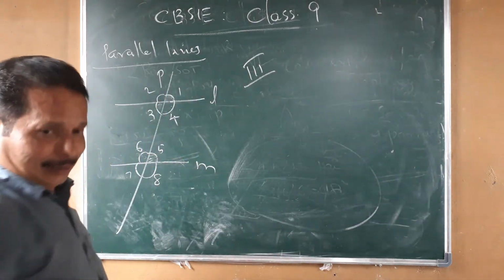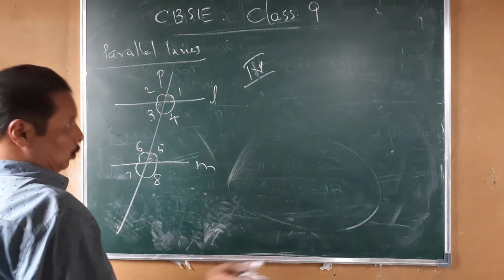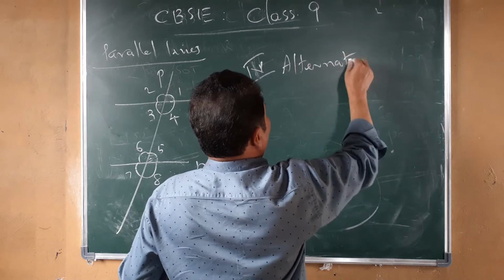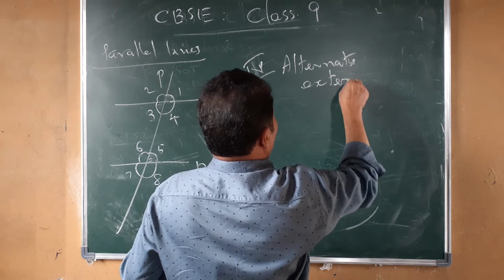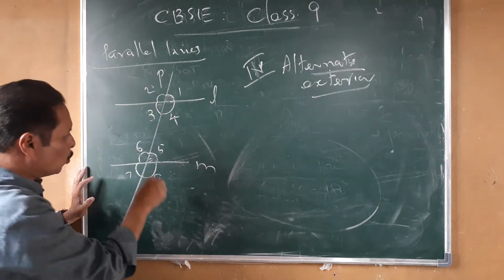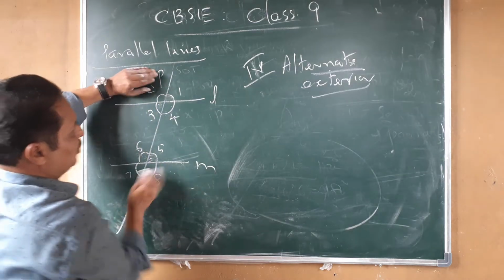And alternate exterior angles. You got the position very clearly. Come on, you write it. Alternate exterior. Interior is 4 and 6. Exterior is 2 and 8. Exterior position, outside, 2 and 8.